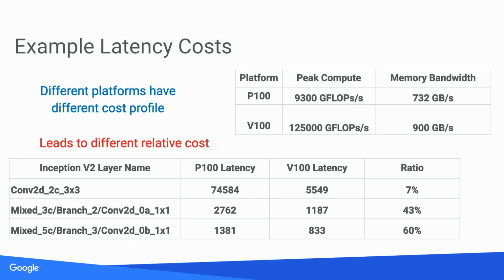But relatively, some layers will be much faster, like the first convolution, at 7% of the inference time, and later parts of the network are only 60% of the original cost. The V100 will be 60% of the latency of the P100. So it hints that there is a difference in whether you want to regularize towards P100 serving or V100 serving time.